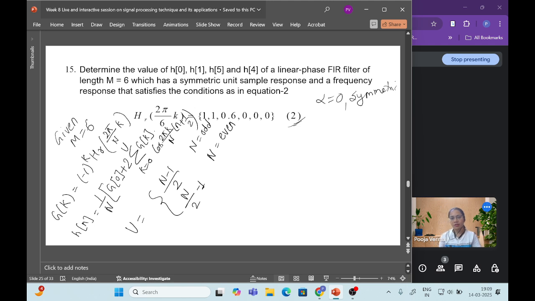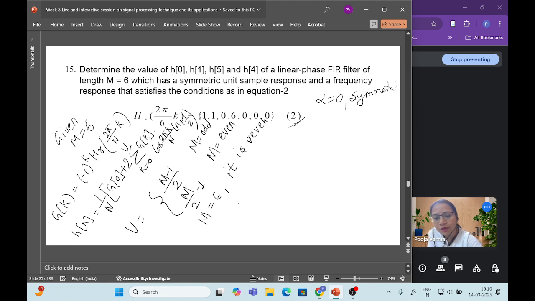So first let's determine u. Here it is given in the form of m, so m is equal to 6, which is even.